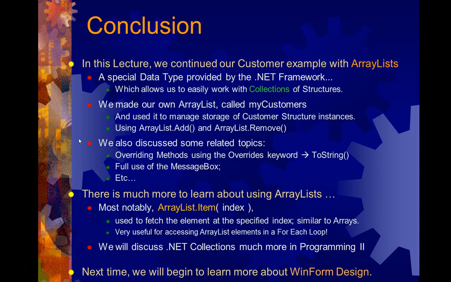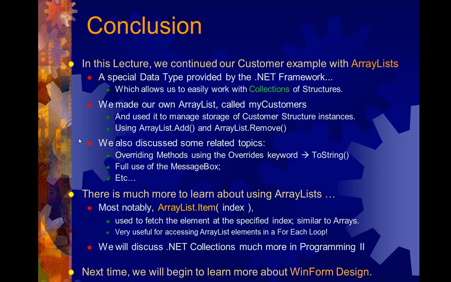Each customer is made out of a structure, and then we have many of them in our array list. We made our own array list called My Customers and used it to manage storage of customer structure instances using ArrayList.add and ArrayList.remove. We also discussed some related topics, overriding methods using the overrides keyword toString, and full use of the message box.